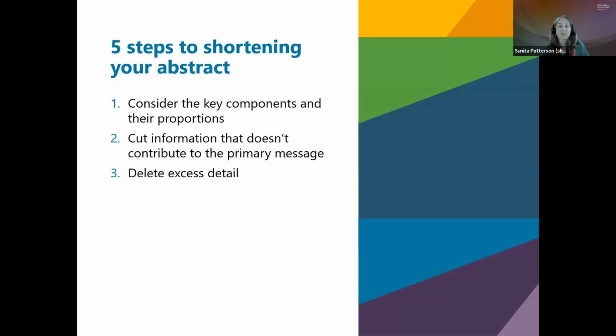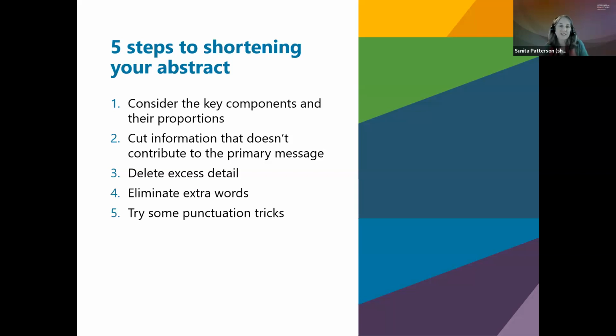First, we're going to suggest that you analyze the key components of the abstract and how much space each optimally takes up. And then you'll want to consider what is the most important and relevant information that contributes to your primary message, which is determined by your purpose and conclusion. We'll talk more about this in a minute. And then finally, we'll look at the remaining information and see what details can be cut. They're relevant, but not crucial.